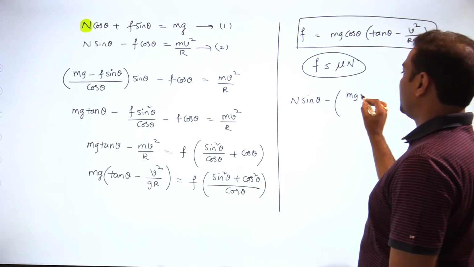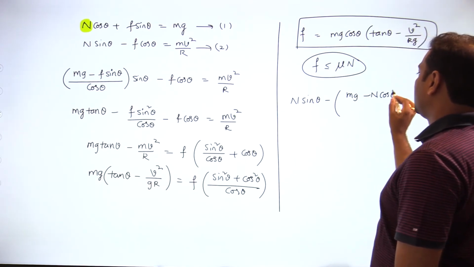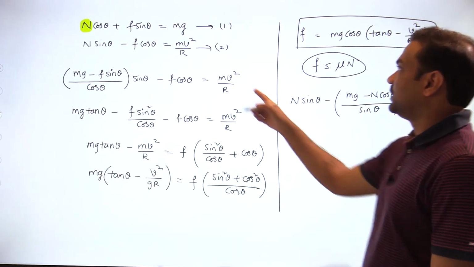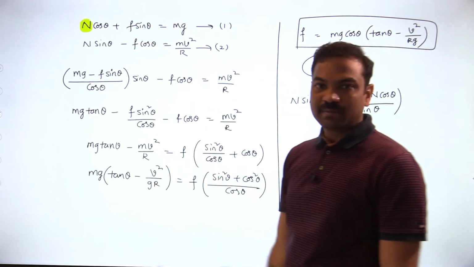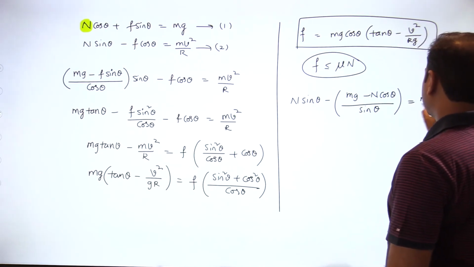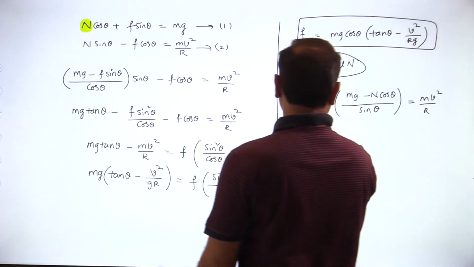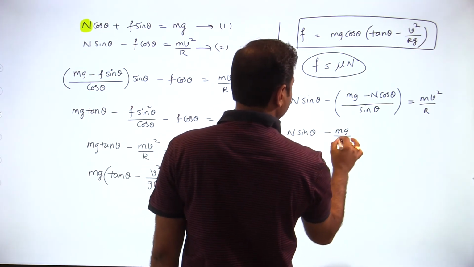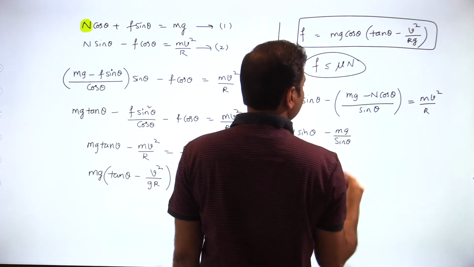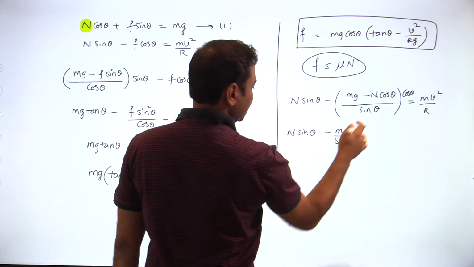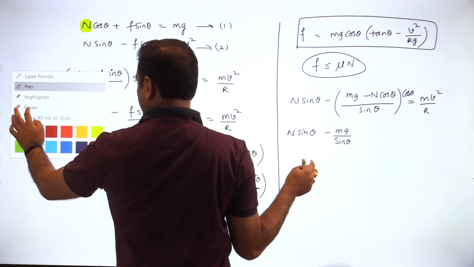In the place of friction, from the first equation, mg minus N cos theta by sin theta is equal to mv square by r. Then you can find out the normal reaction from here. So N sin theta minus mg by sin theta, okay, into cos theta is also there. So mg cos theta by sin theta, so mg cot theta, this is.